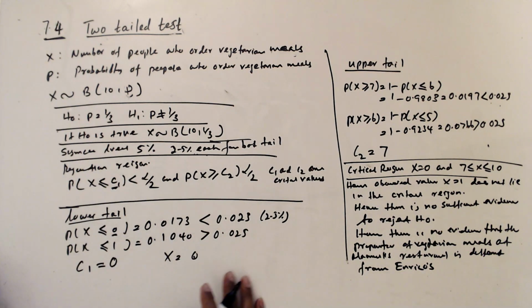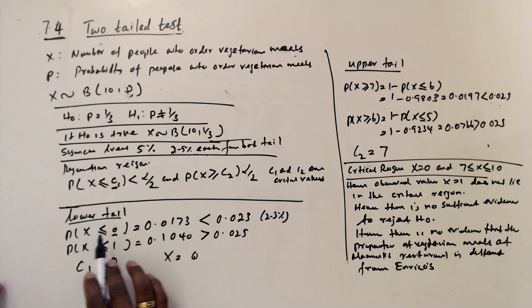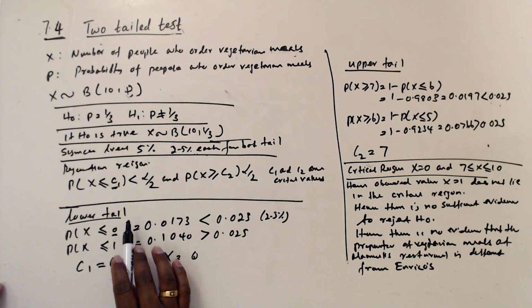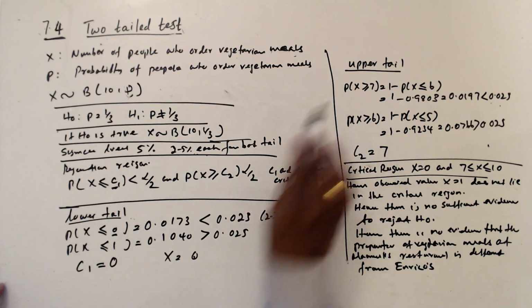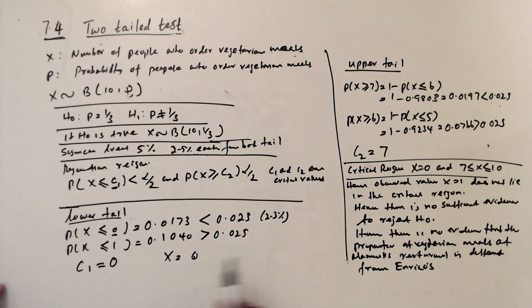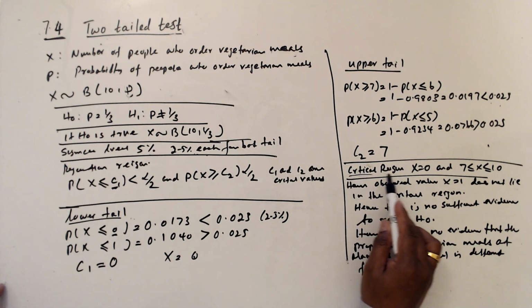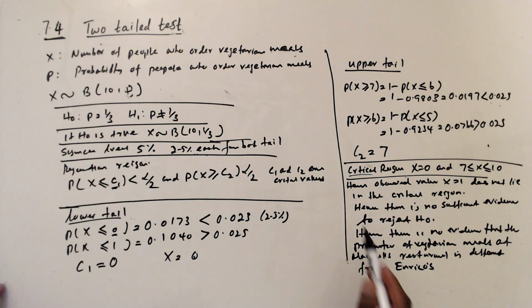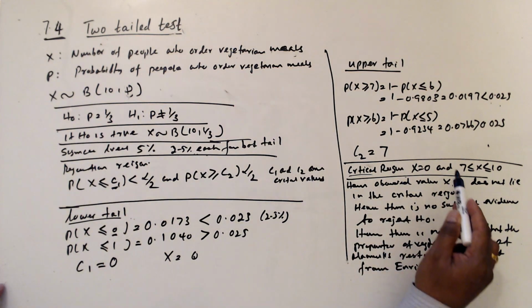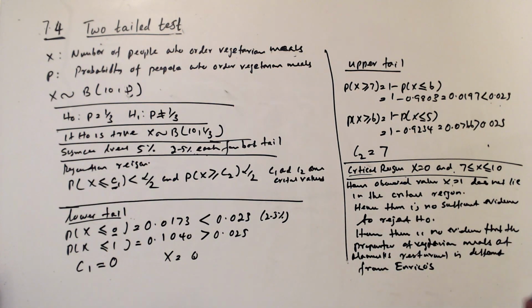So in the second method, this is the format of the second method, and we find both the rejection region of the lower tail and the upper tail. So this is the critical region or the rejection region. So the observed value X equal 1 is not in that region. Hence there's no sufficient evidence to reject.